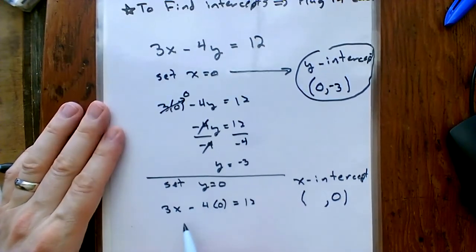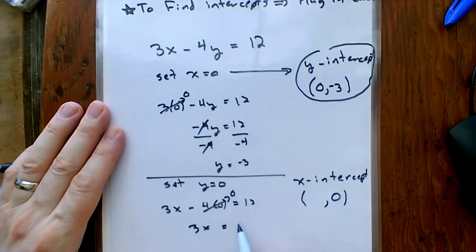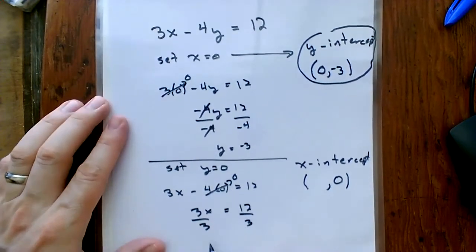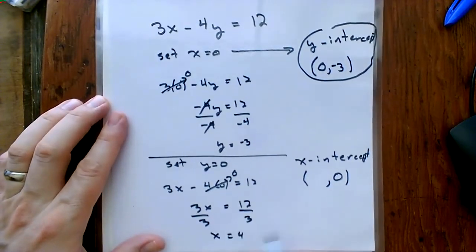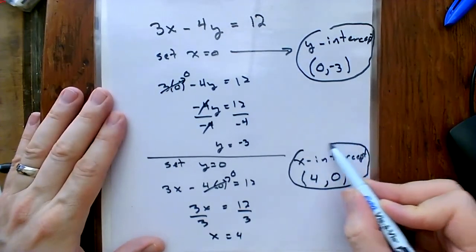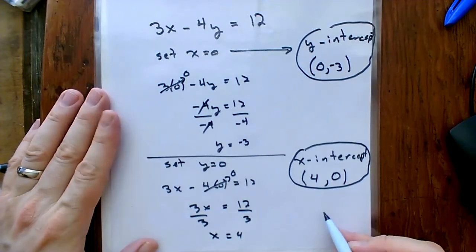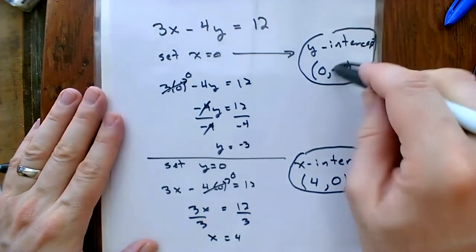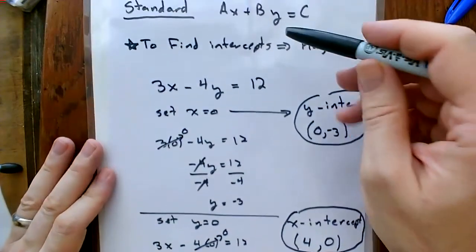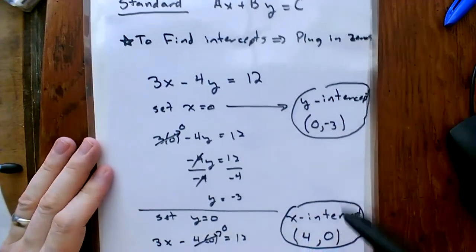This whole term is 0, so I'll just have 3x = 12. I divide by 3, and I've got x = 4. So finding the intercepts is fairly easy if you're using standard form.